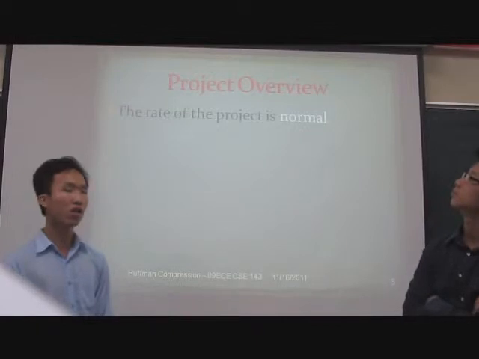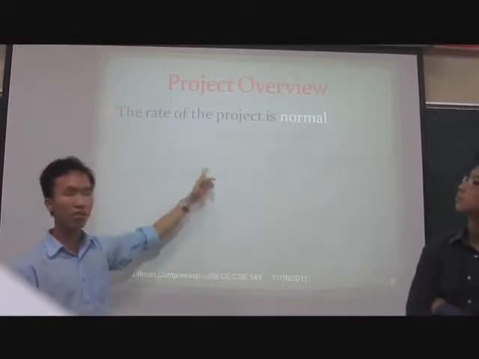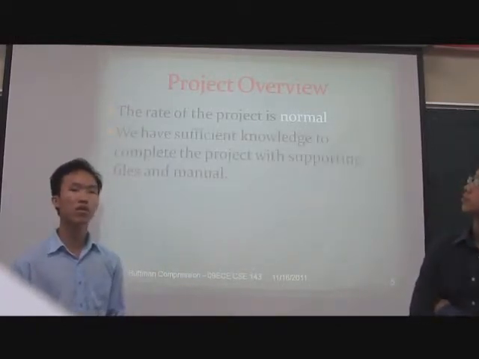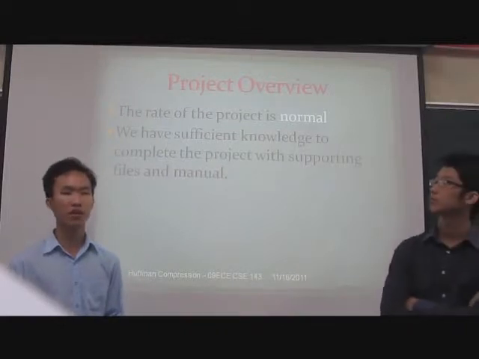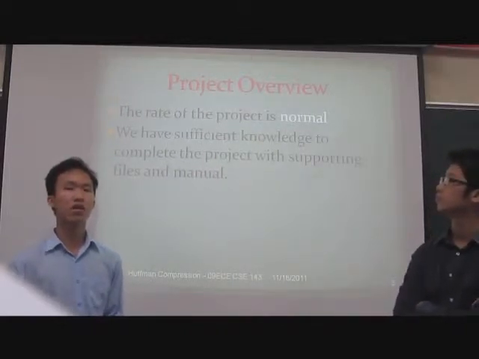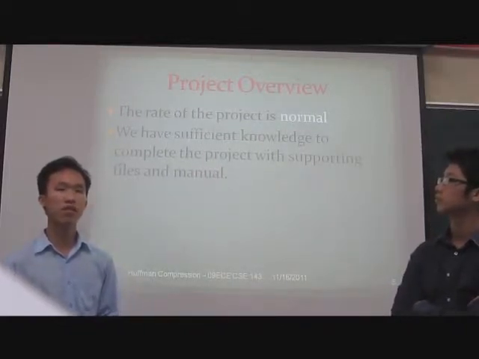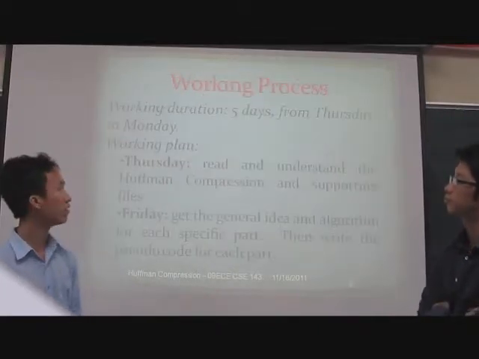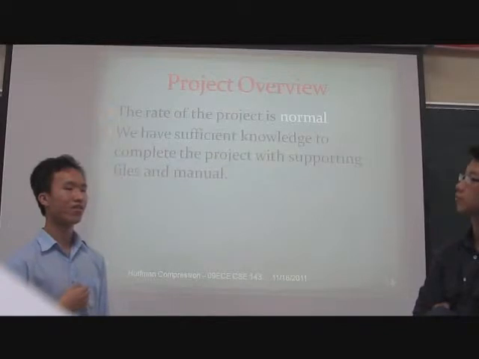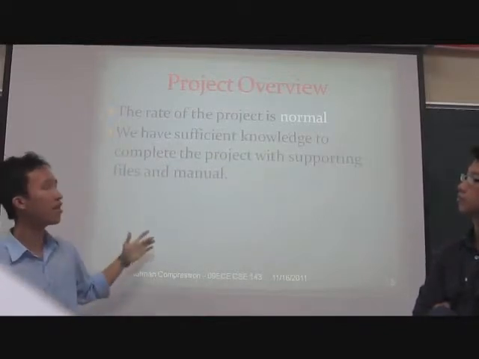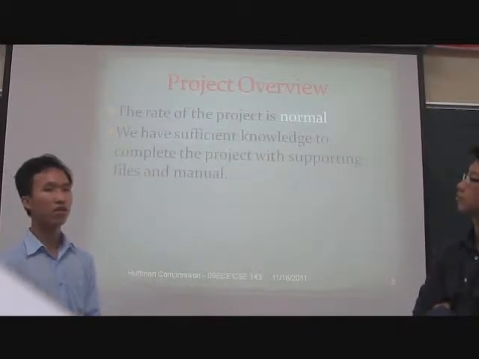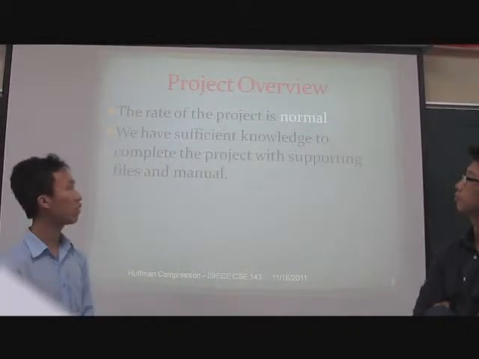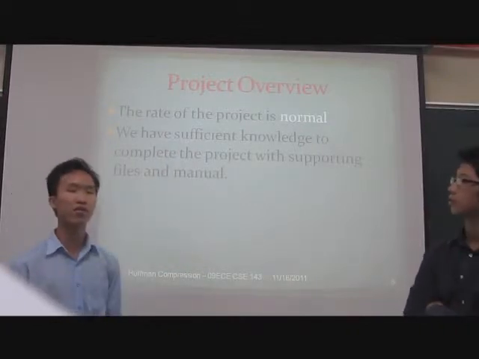In our viewpoint, the difficulty of the project is quite normal because the manual is really clear. It gives us hints and shows the way to solve the problem step by step, and we have sufficient knowledge to complete the project with the supporting file and the manual.